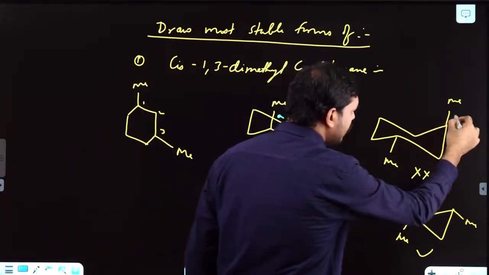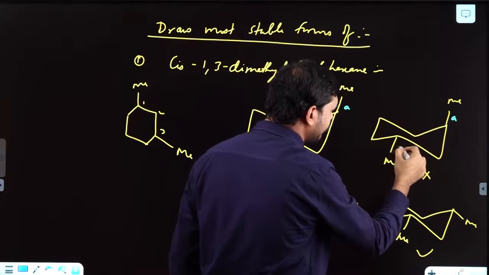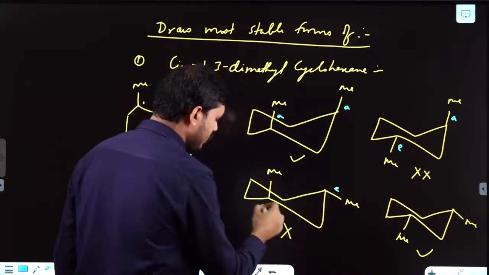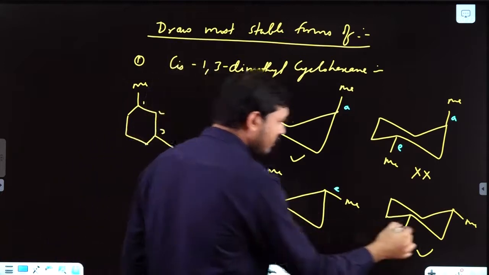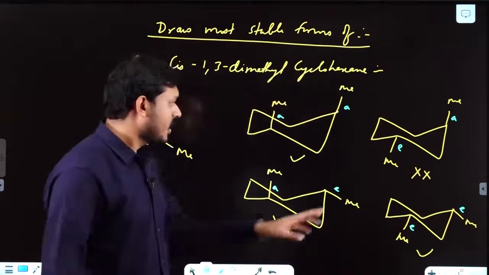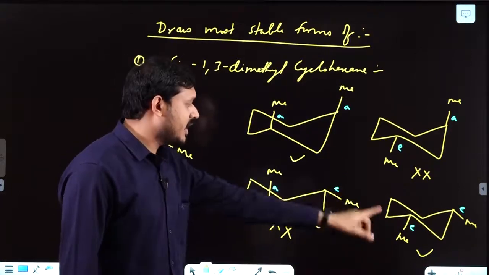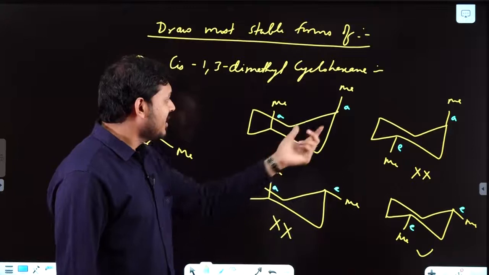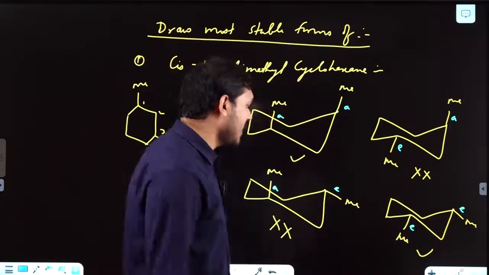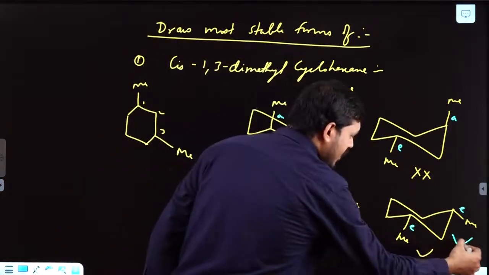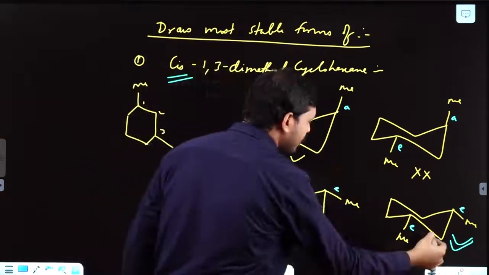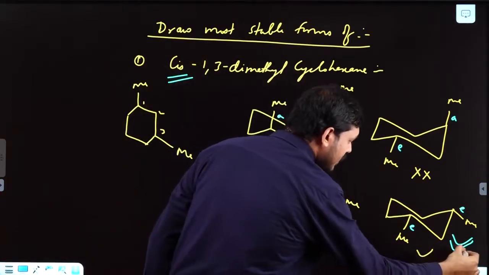Here equatorial. So these two are already neglected. Among these two, you can simply understand here both are in axial position, here both are in equatorial position. So definitely where both are in equatorial position will be the most stable form. So your cis among these two, the most stable will be this structure, right?